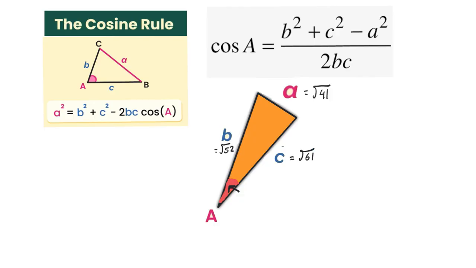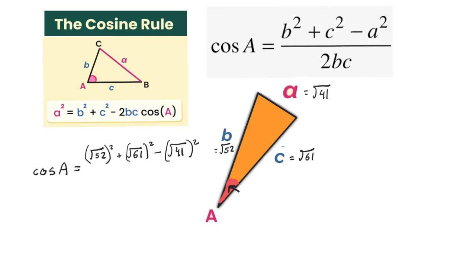Using the above equation, we can now substitute: b squared is root 52 all squared, plus root 61 all squared, take away a, which is root 41 all squared.